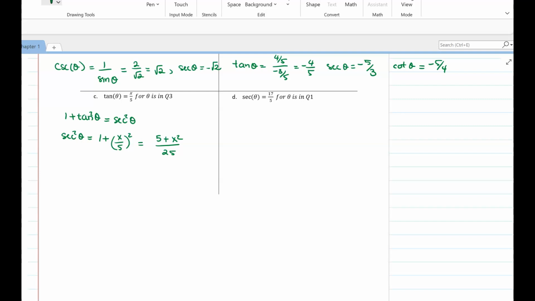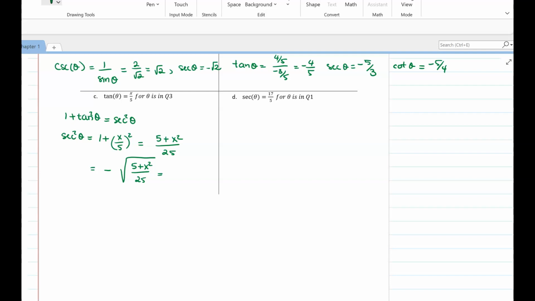Well, secant of theta is equal to 1 divided by cosine of theta, which then tells us that cosine of theta, let's finish this first. So secant of theta equals negative square root of 5 plus x squared over 25, because sine and cosine are negative in this case.